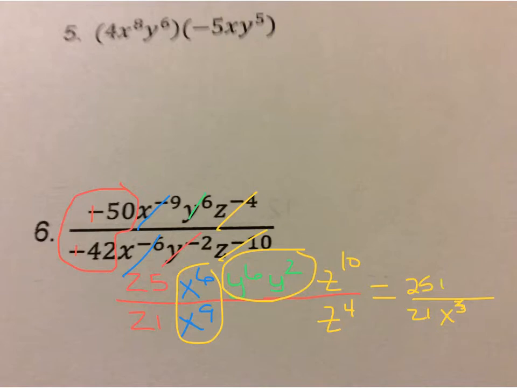We just put them together, so y to the 8th. And then if you look at the z's, z to the 10th over z to the 4th, the top z wins by 6. So my final answer is 25 y to the 8th, z to the 6th, over 21x cubed.